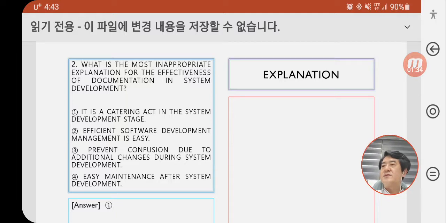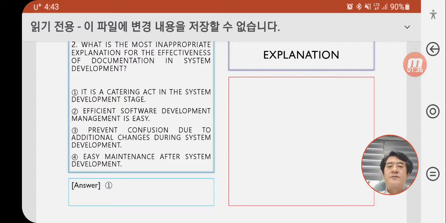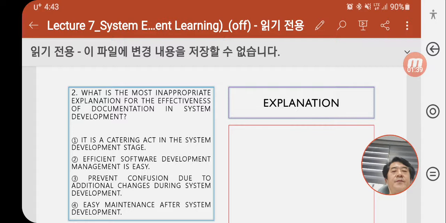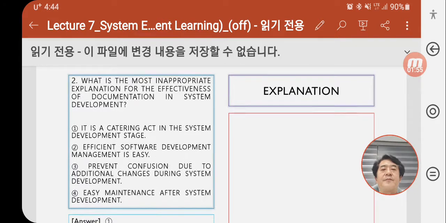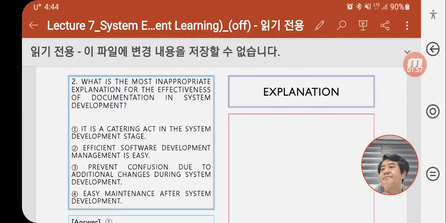Next question. What is the most inappropriate explanation for the effectiveness of documentation in system development? Number 1, it is a catering act in the system development stage.